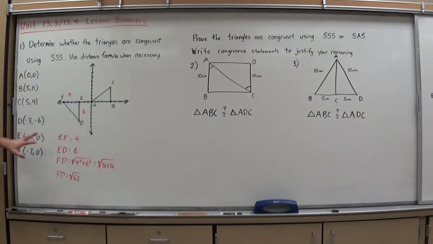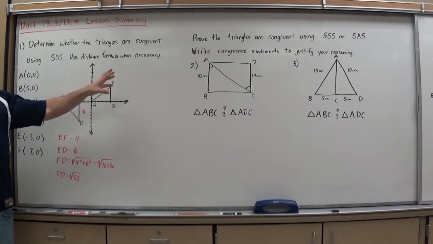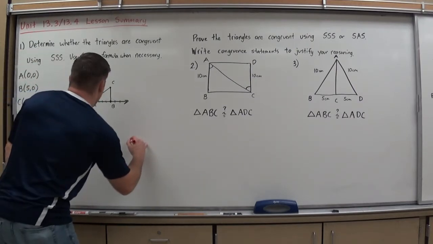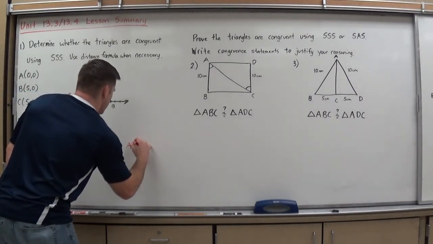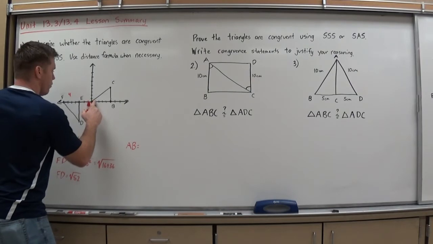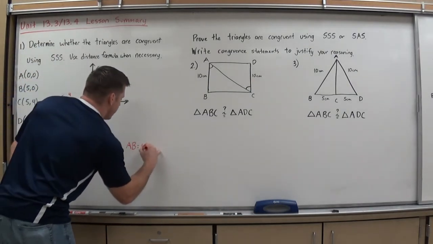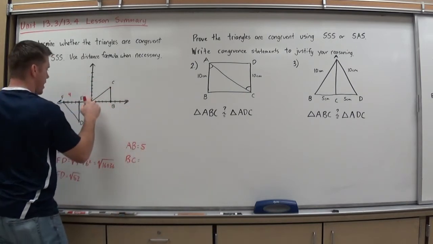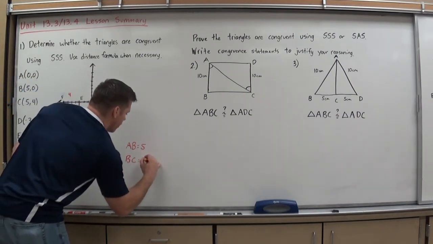Now what I'm hoping is that all three of the corresponding sides of triangle ABC will match one of the sides on this one, and then I'll know that they're congruent by side-side-side. So now I'll find the measure of AB. That looks like it's 1, 2, 3, 4, 5. Measure of BC is vertical, so I can just count that. 1, 2, 3, 4.